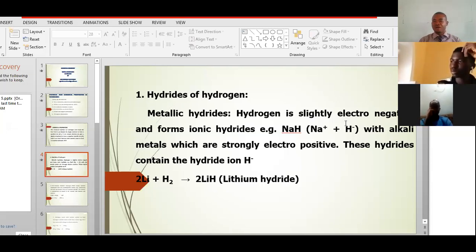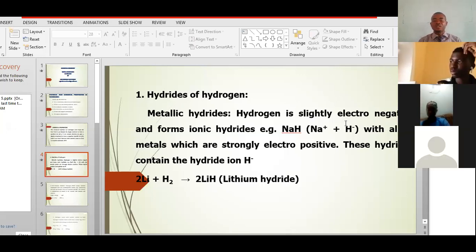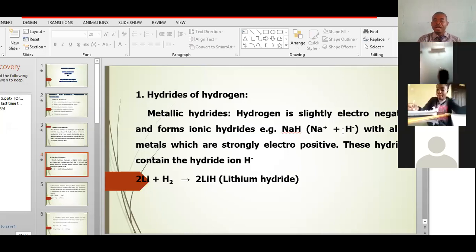Under the positive now. Hydrogen forms a hydride with group 1 elements. I use group 1 elements here, that is sodium and lithium. Yes. Sodium reacts with hydrogen to form sodium hydride. You can see the equation for this reaction here.